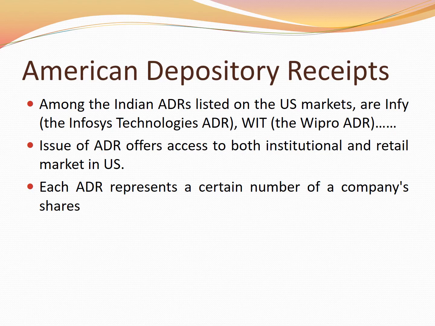Some of the popular Indian ADRs listed on US stock markets are the Infosys Technologies ADR and WIT, the Wipro ADR. An ADR offers access to both institutional and retail markets of investors in the US, and each ADR will represent a certain number of the company's shares, which is the underlying asset for each ADR.